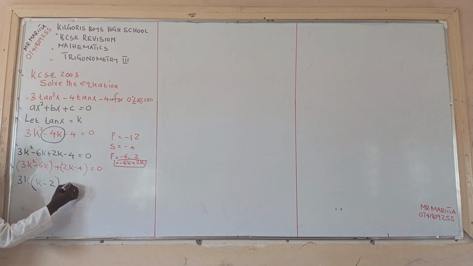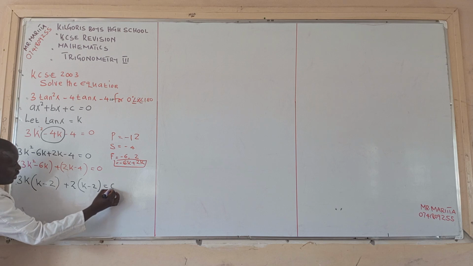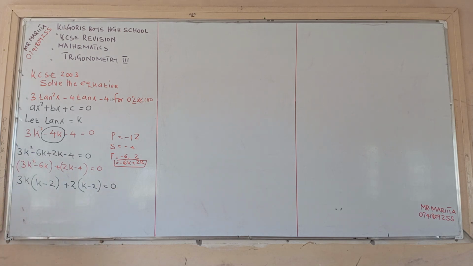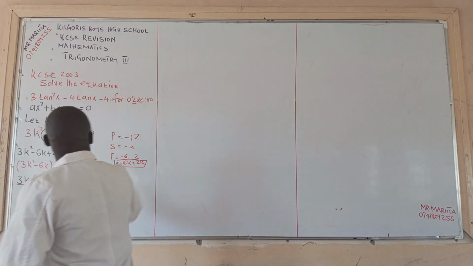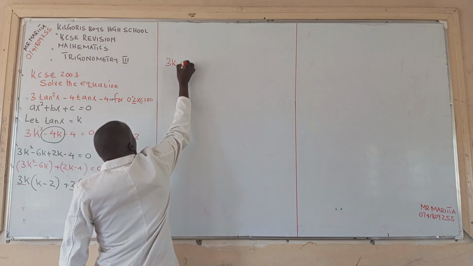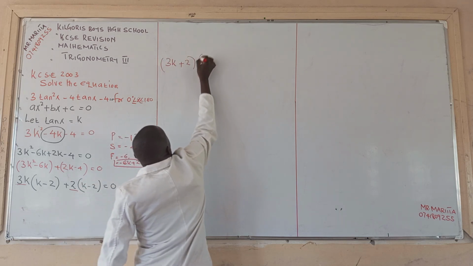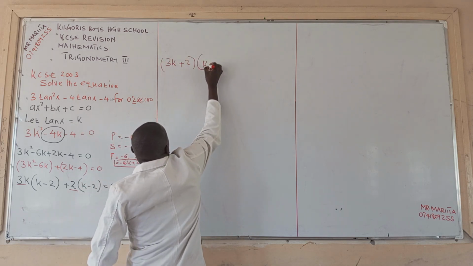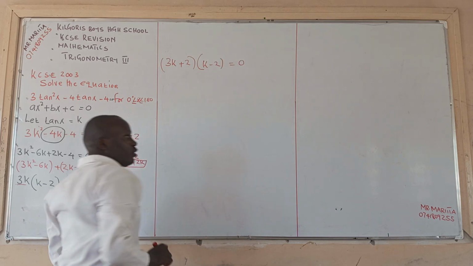Then plus 2 into k minus 2. Therefore we have 3k plus 2, times k minus 2, equals 0.